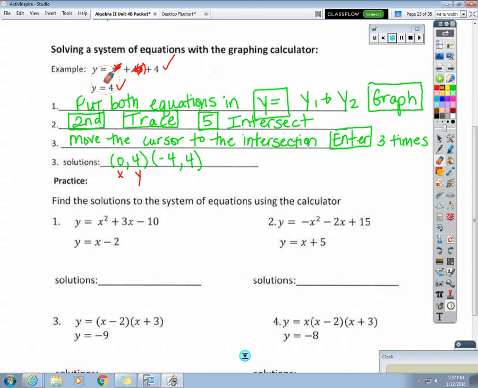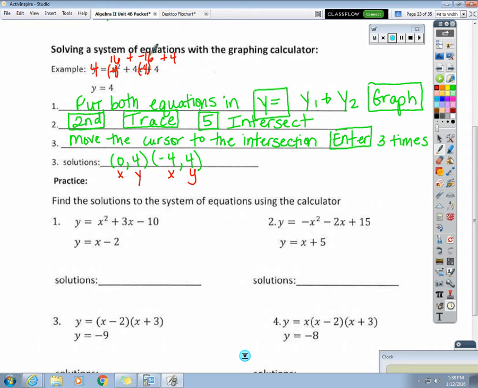Now let's look at the other point. Okay, it's an x value and a y value. So in the y place, I'll put 4, but in the x places, I'll put a -4. So what is -4 squared? 16 plus, what's 4 times -4? And then don't forget about that +4 that was already there.